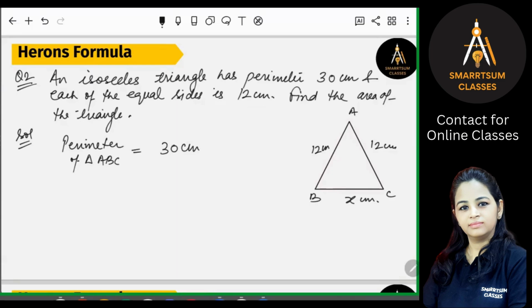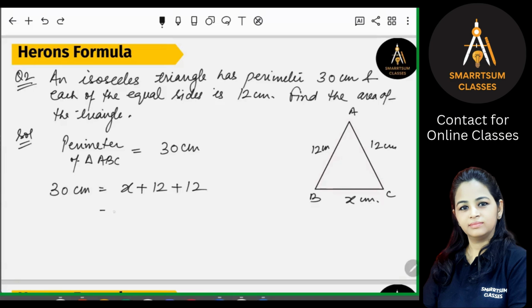So we know that perimeter is the sum of all the sides, right? So can we say that 30 centimeter is equal to X plus 12 plus 12? Because two sides are equal, each of 12 centimeter, already given in the question, and X we have assumed is the third side.